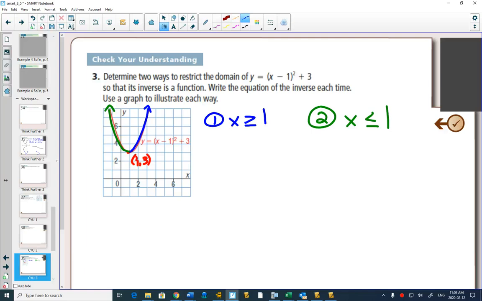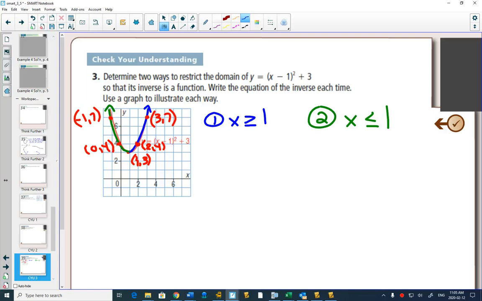Secondly, it says write the equation of the inverse each time and use a graph to illustrate. So I'm going to do the graph part first. On my original red graph, I'm going to label some more points. Can you see that you have 2, 4 and 3, 7, and over here you would have 0, 4 and negative 1, 7. And I'm going to color code this on my graph as well. How do we find an inverse? We switch x and y.